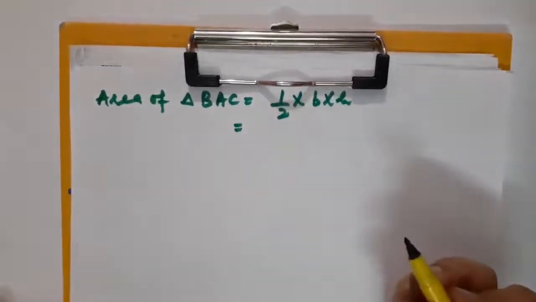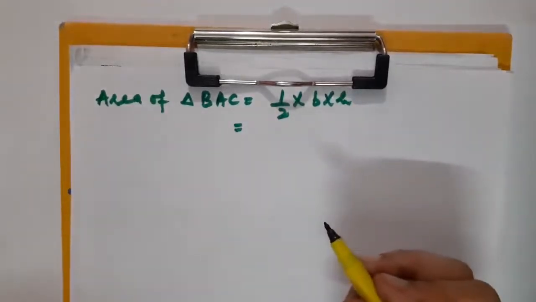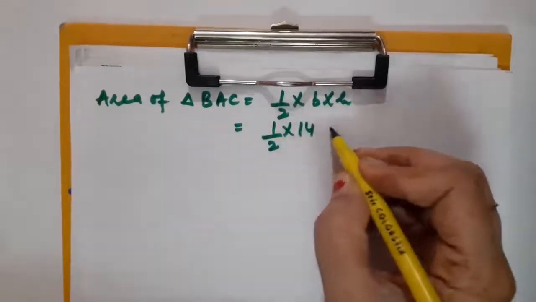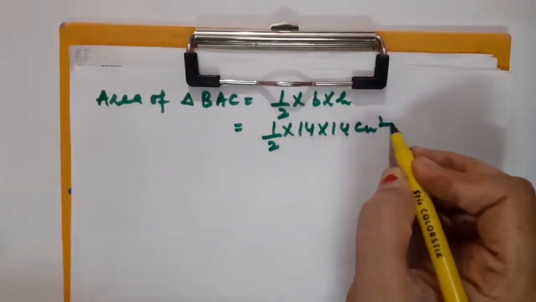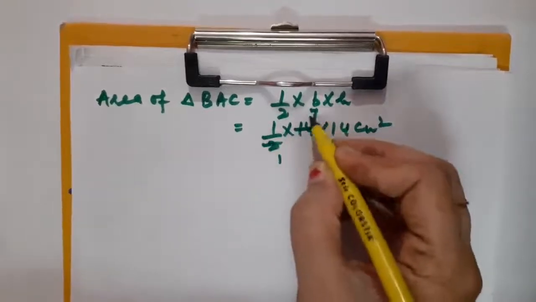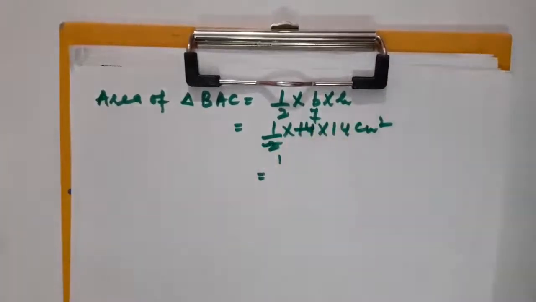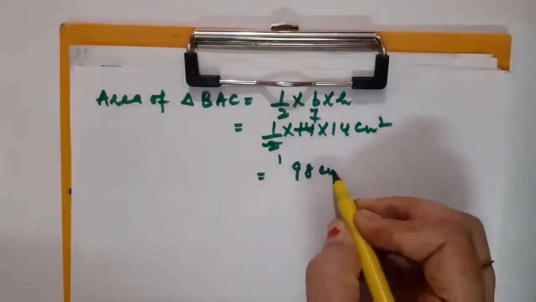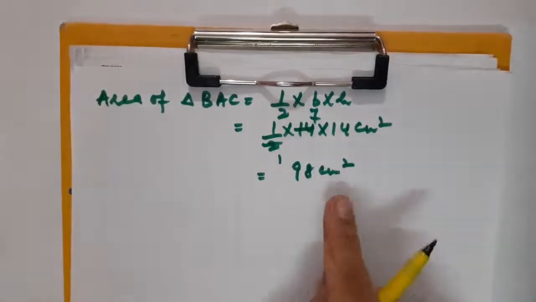Base and height are both the same because they are nothing but the radii of the quadrant. So half into 14 into 14, this is going to be cancelled, 14 sevens are 98. So I have got 98 centimeter square. This is the area of the triangle.